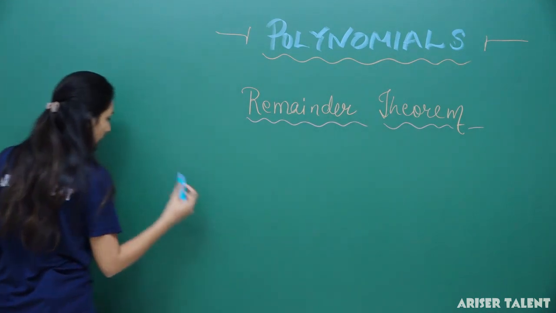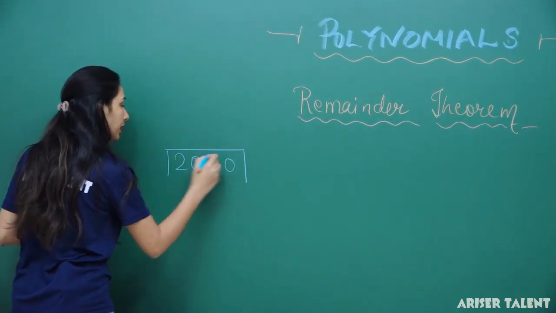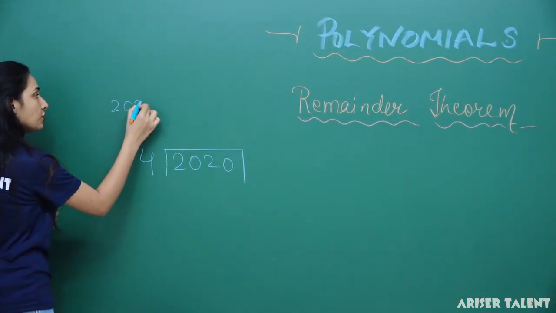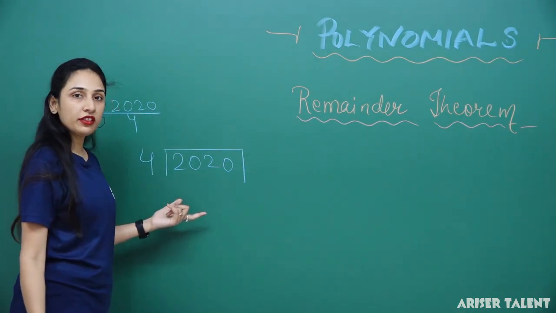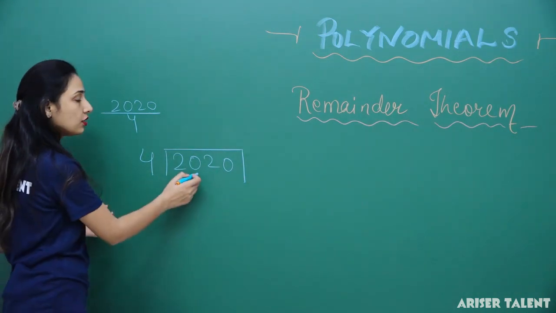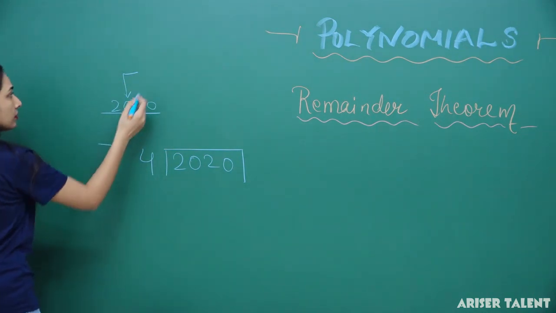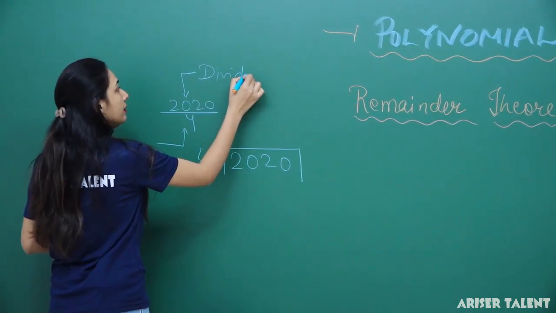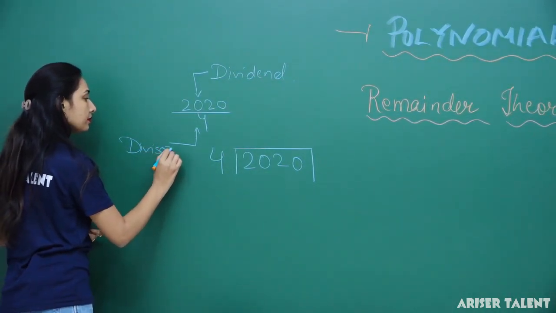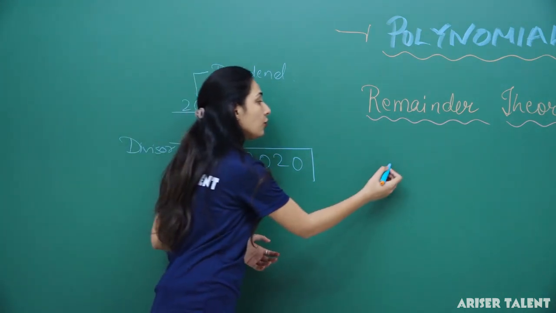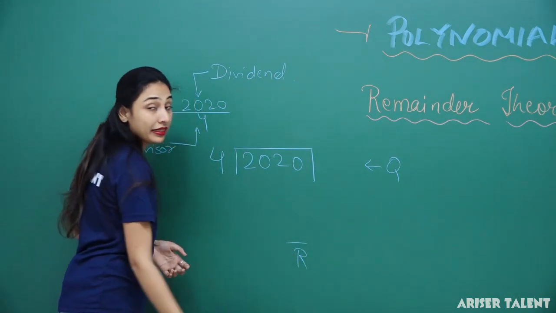if you are having something, let's say 2020 divided by 4, basically this is 2020 by 4. I am talking about the long division process. So in that case, this particular thing is your dividend, and this is your divisor. Then you will get a quotient here and a remainder here.